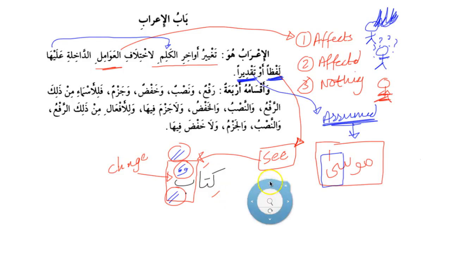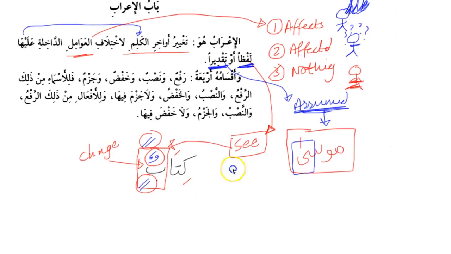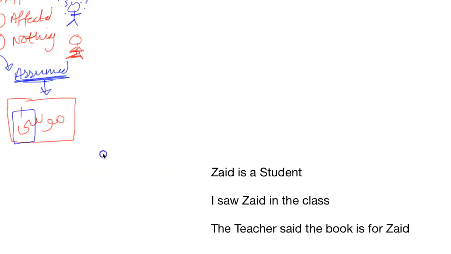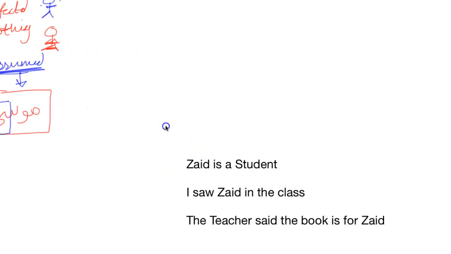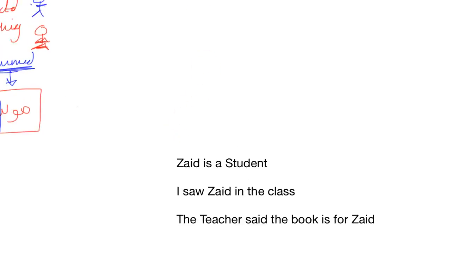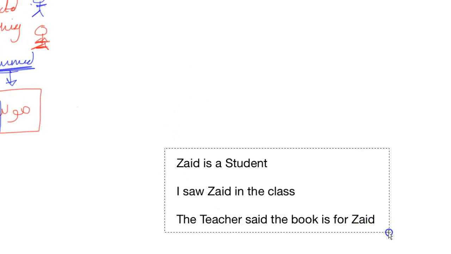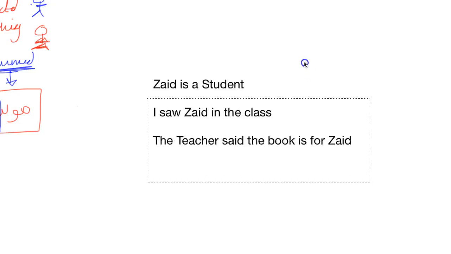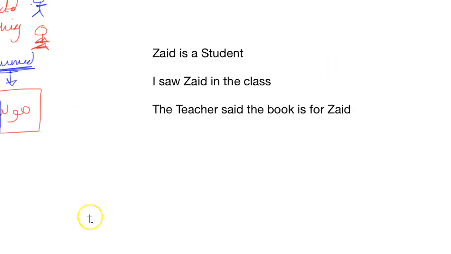So if you look at this sentence I've written here, a few sentences I've written. Let me bring this up. Okay, so if you look at this, you can see the word Zaid. Zaid is a student. I saw Zaid in the class.